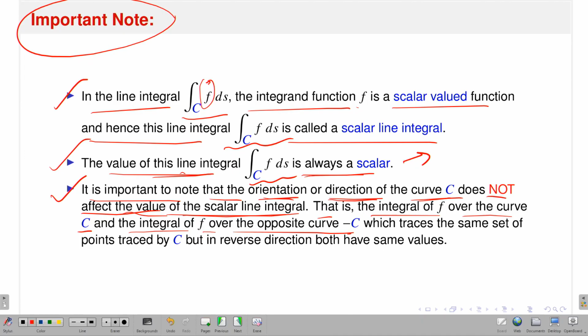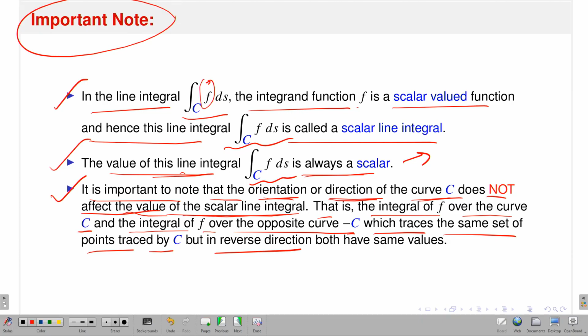So, the integral over the opposite curve minus C, which traces the same set of points traced by C, but in the reverse direction. Whatever points C traces out, minus C traces the same set of points, but in the opposite direction.